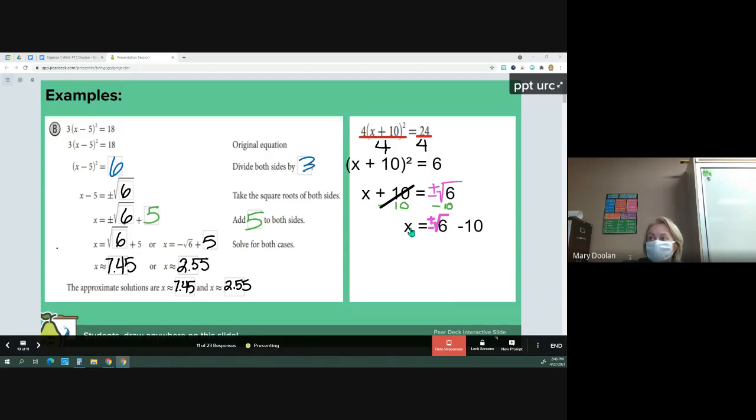But now we have x isolated on the left, and so we can break this into two equations.